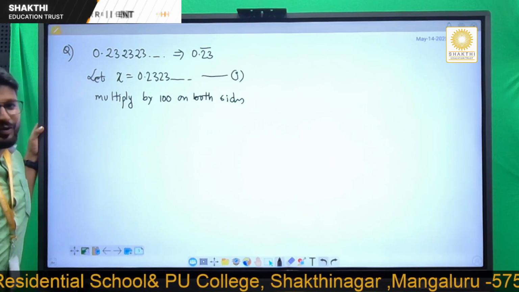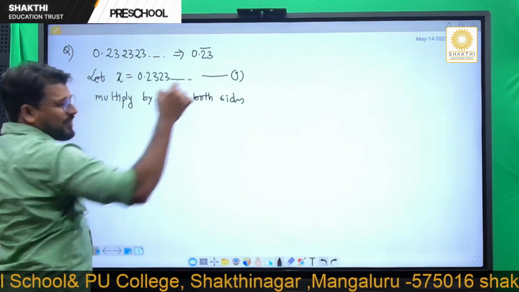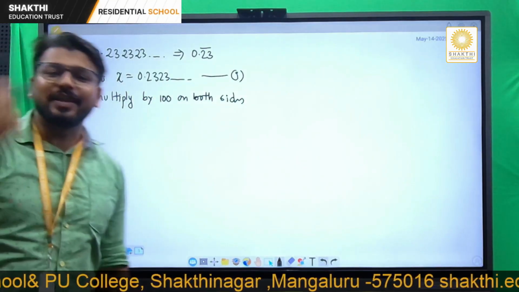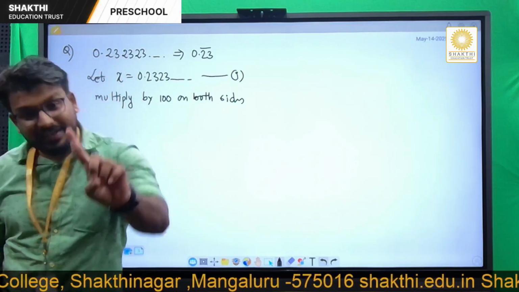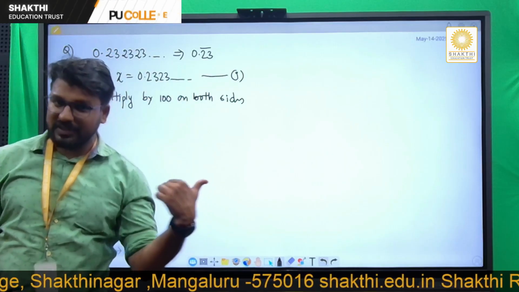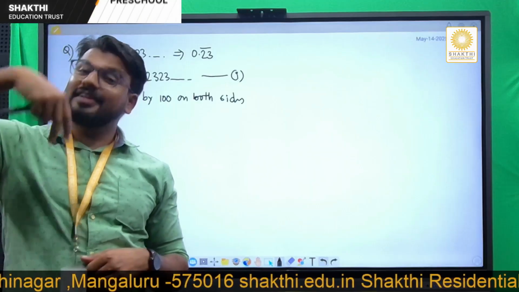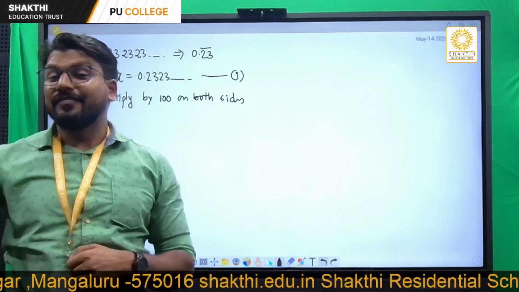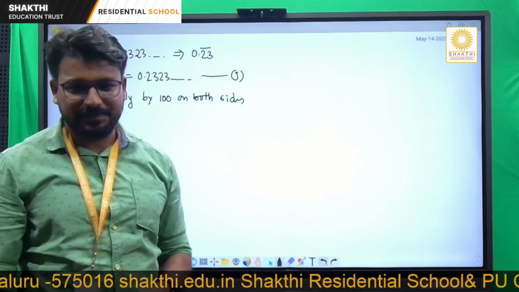How will we come to know that? That's very simple. You just need to see how many digits are repeating, how many digits are recurring. If one digit is recurring, as in the previous question, multiply by 10 on both sides. If two digits are recurring, then multiply by 100. If three digits are repeating, multiply by 1000. As simple as that.